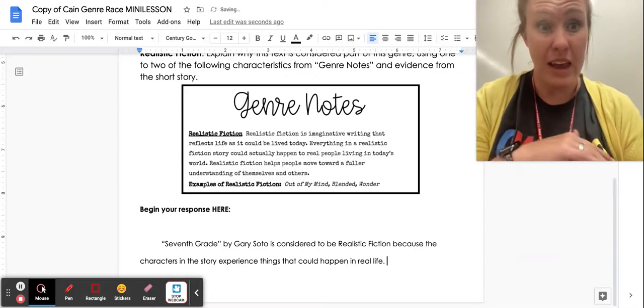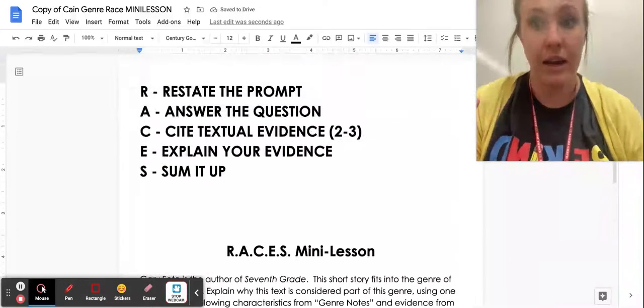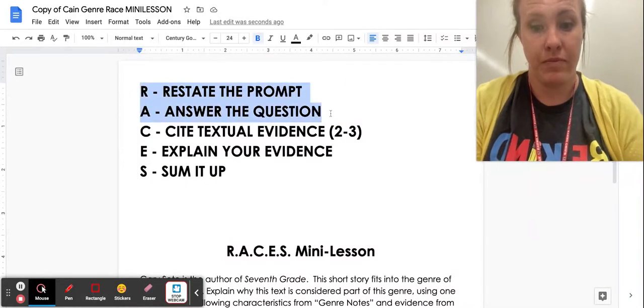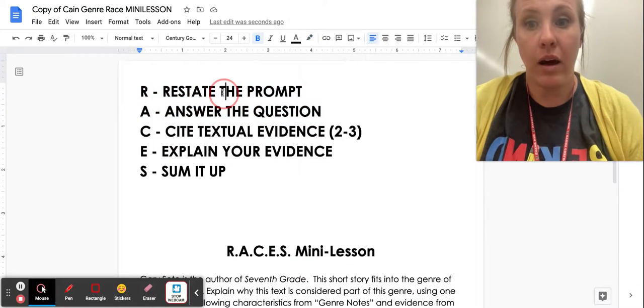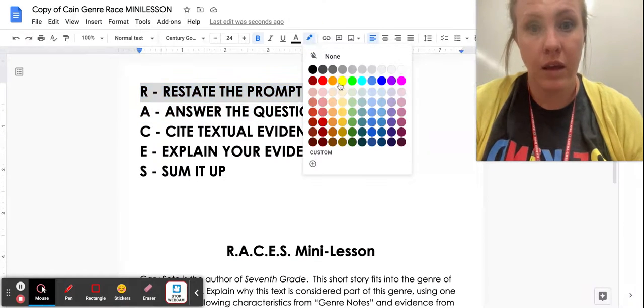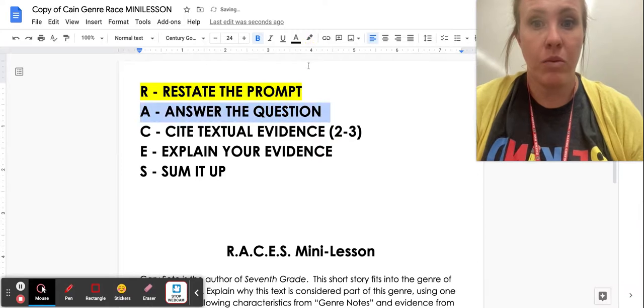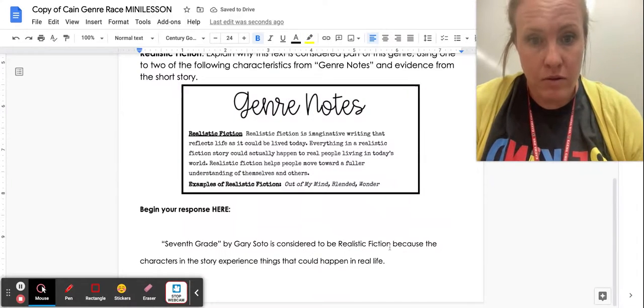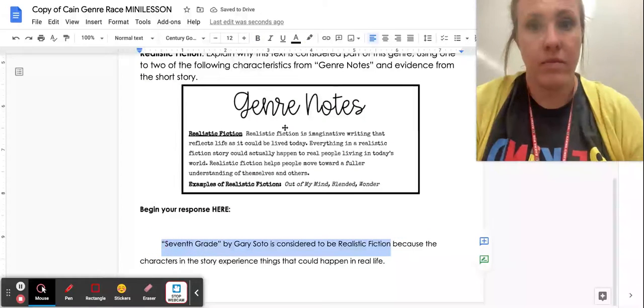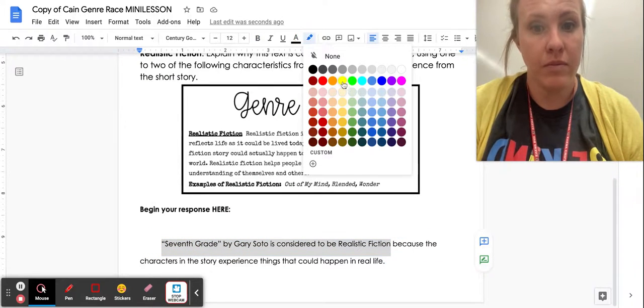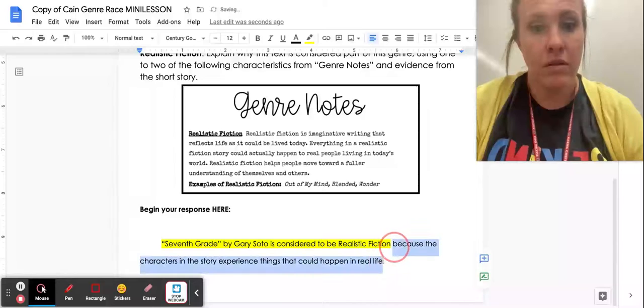So my R and my A are done. My R I'll make yellow, and my A I'll make green. So here's my R, this is yellow, and this is green.